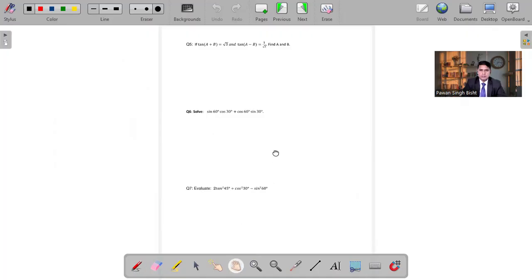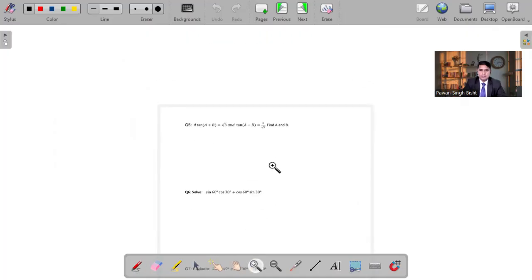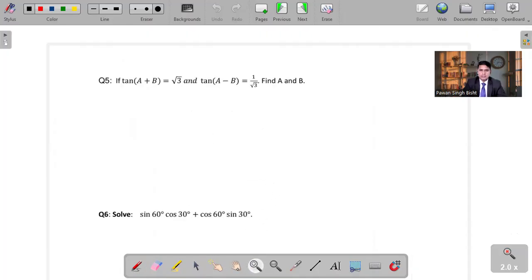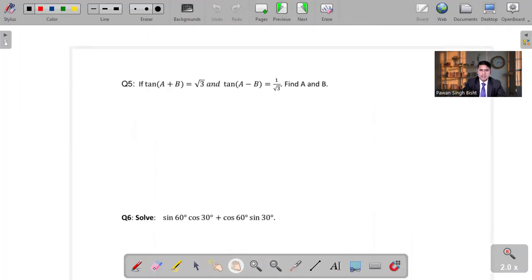Next question is this: tan a plus b equals root 3 and tan a minus b equals 1 over root 3. Find a and b. Again, I have to use the trigonometric table here.